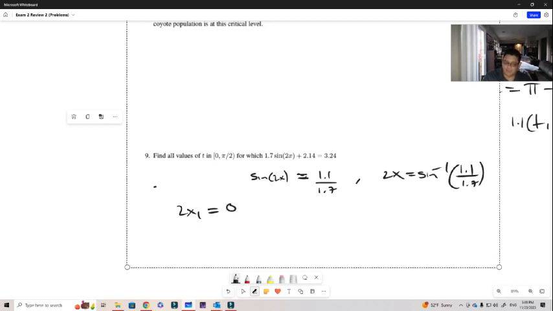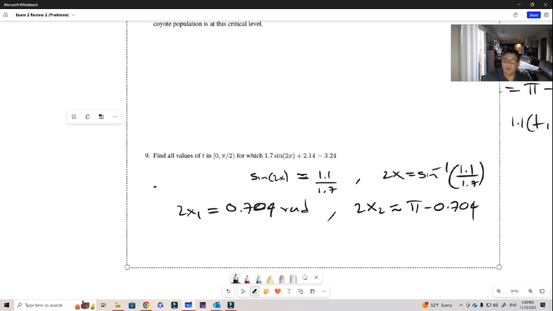The first value that I obtain is 0.704, and this is in radians, of course. And the second angle, or x2, is going to be, of course, pi minus that 0.704.